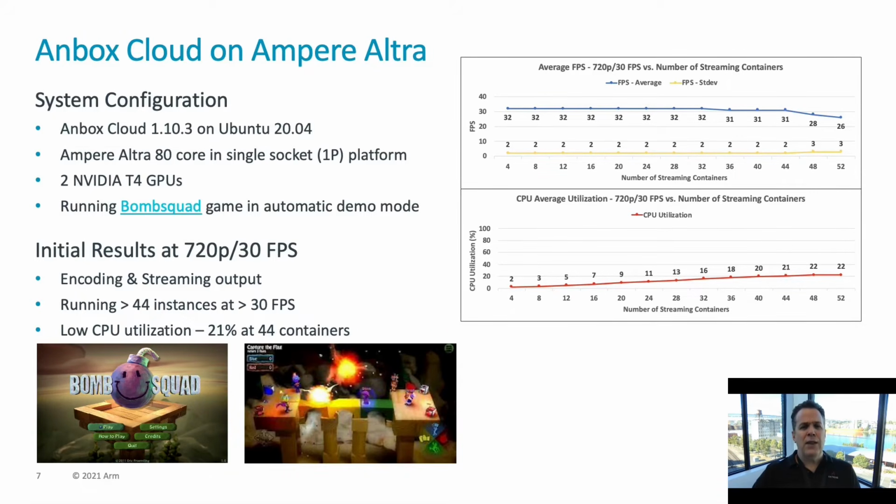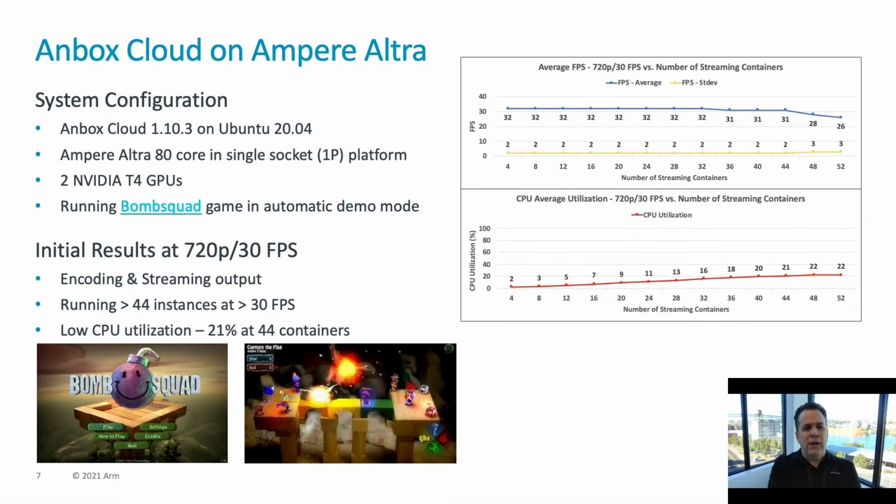You can see that performance stays above 30 frames per second up to 44 containers, and then it drops a little bit after that. On the lower chart, we're showing the CPU utilization. Two things I'd like to call out: one, we're at very low CPU utilization.